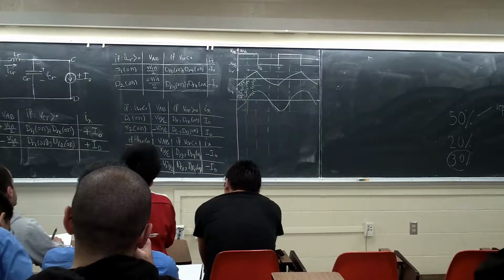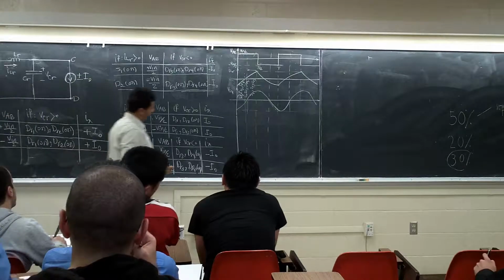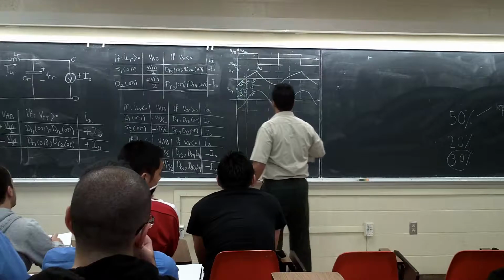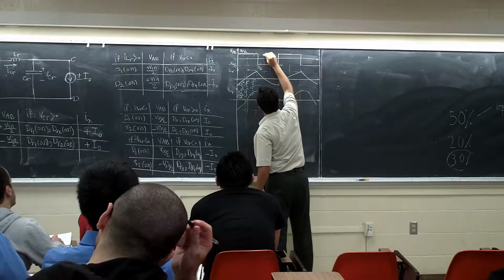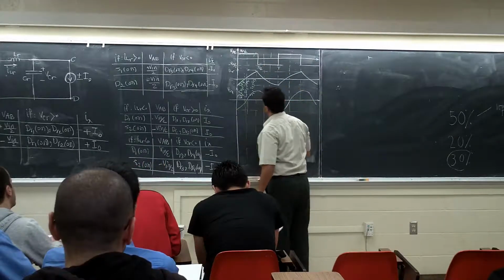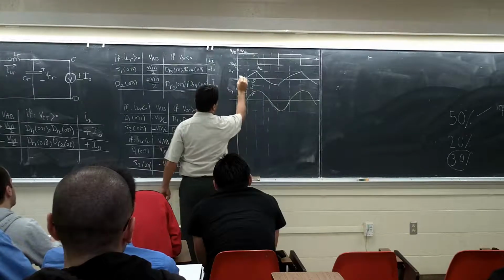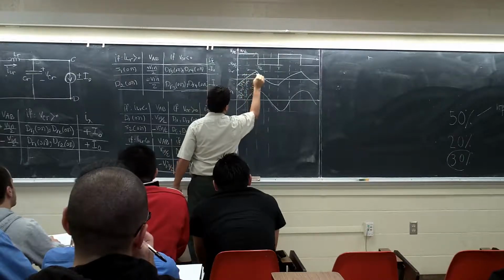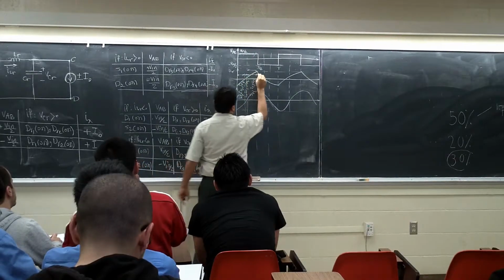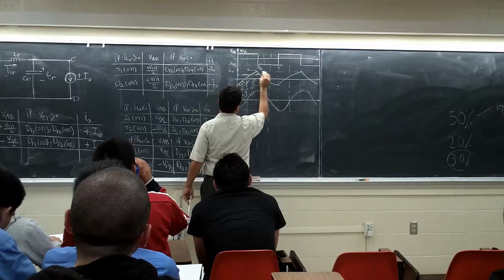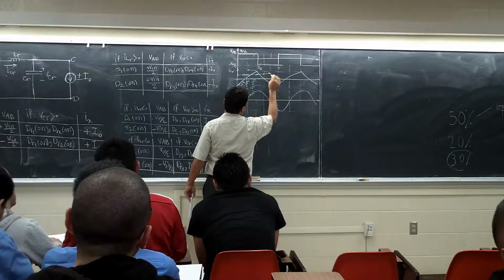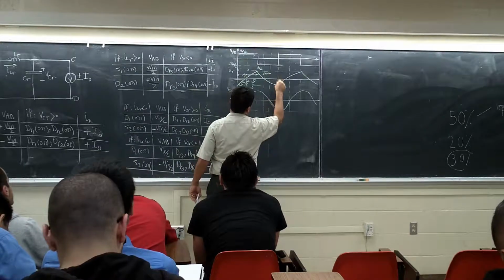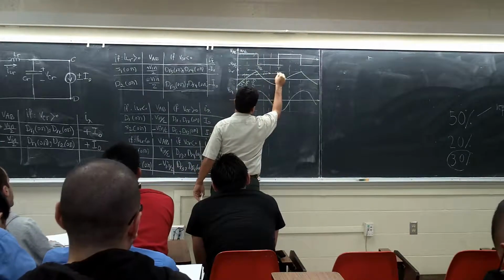Now, let me do a few more here. Can you guys read? There is a 1 here, 1 here, 1 here, another 1 here. Next one is going to be yes here, and after this one we're going to have another one here.